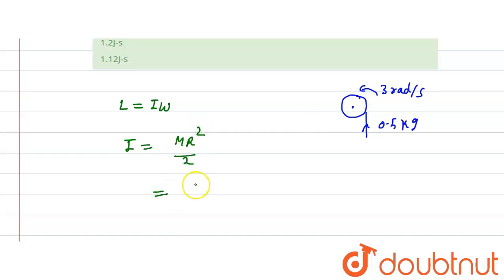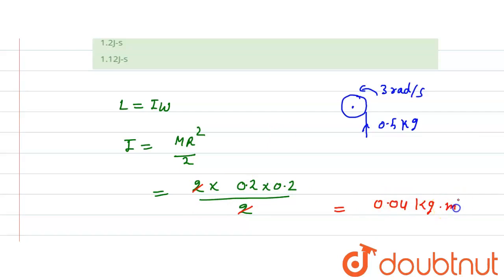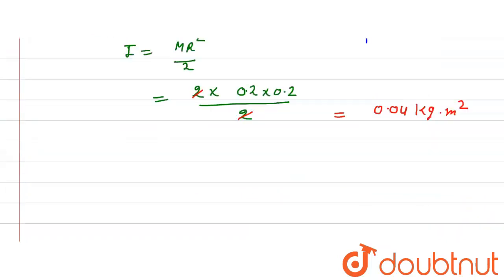Putting in the values, mass is 2 kg and radius is 0.2, so I equals 2 into 0.2 into 0.2 upon 2, which is 0.04 kilogram meter square.